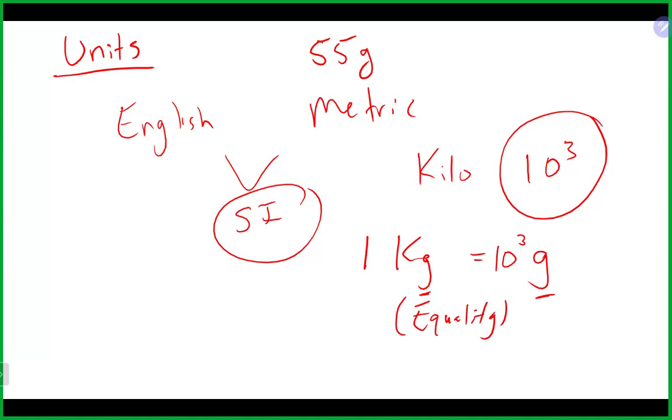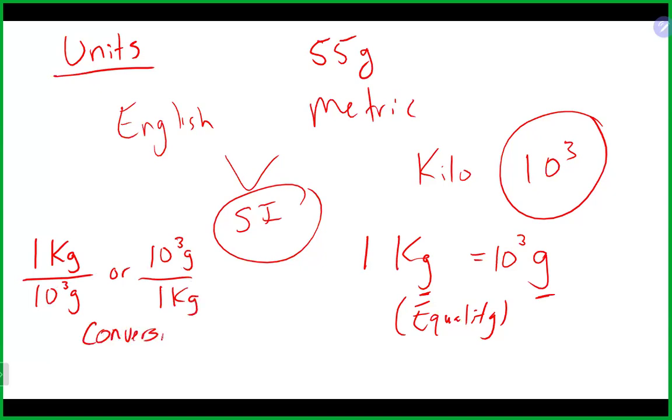And as we also touched upon, we can write conversion factors for those: 1 kilogram over 10 to the 3 grams, or 10 to the 3 grams over 1 kilogram. And these are our conversion factors, and they're really just fractions of the two values there.